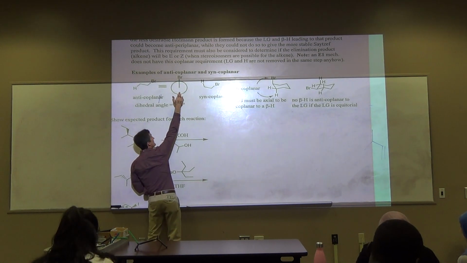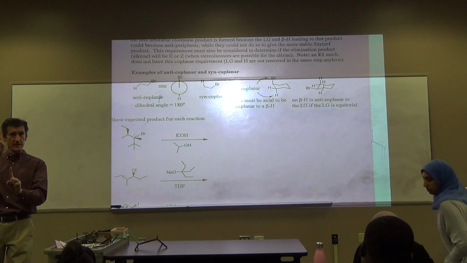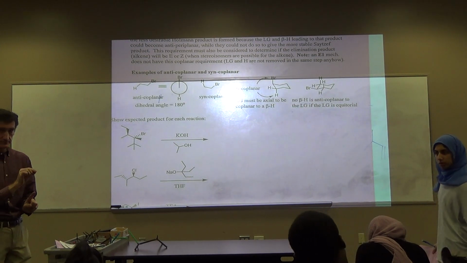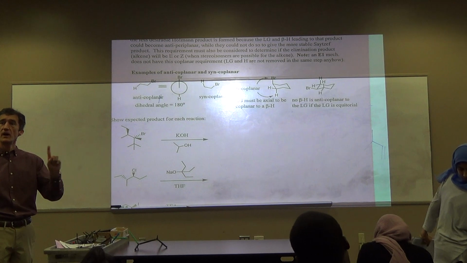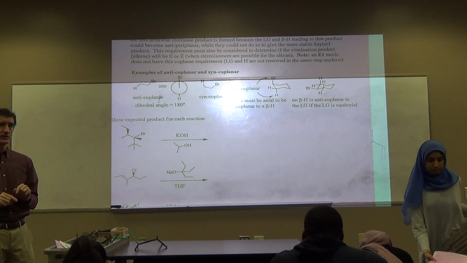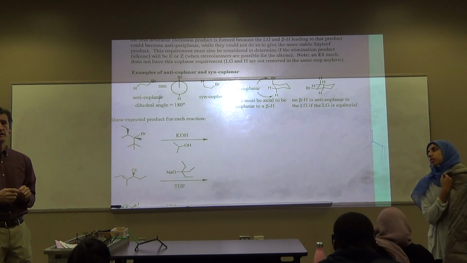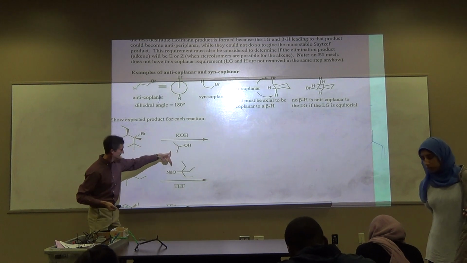I would recommend Newman projections and rotating it to put the leaving group and the H anti-coplanar. But you also got to think about Zaitsev and Hoffman. Base. Is KOH a sterically hindered base? No. KOH is one of the smallest bases you can have. How about this? Does that look like a sterically hindered base?